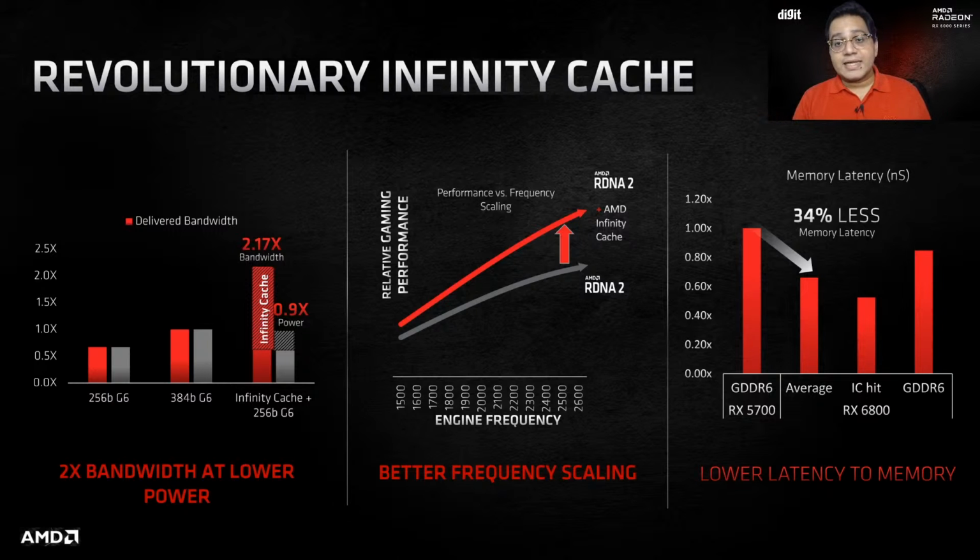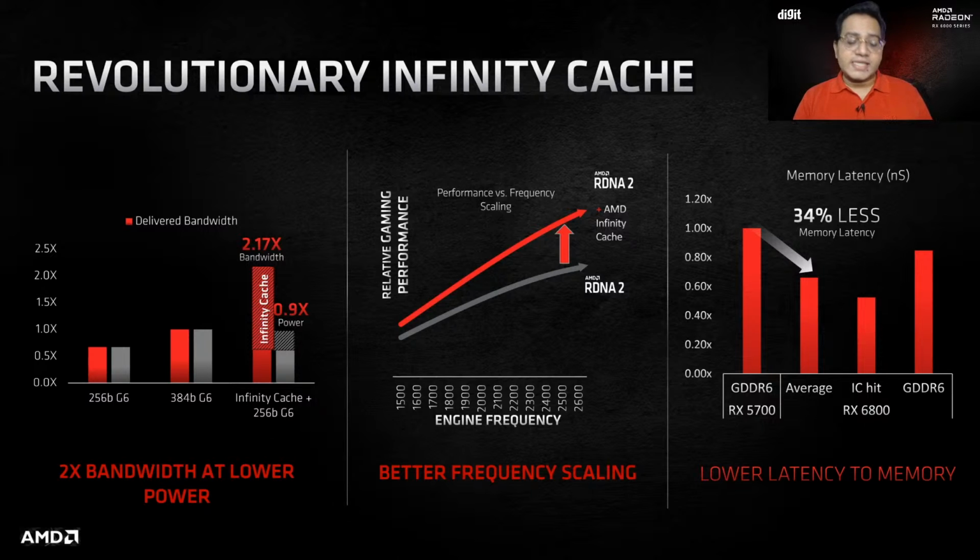What that helps in is to reduce latency, and that in turn helps you get better performance in a lot of games because quite a lot of games are latency dependent. Now, here we have 3 graphs showcasing the impact across all of these topics that we just spoke about.